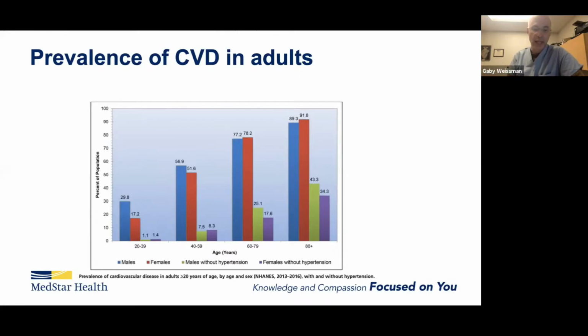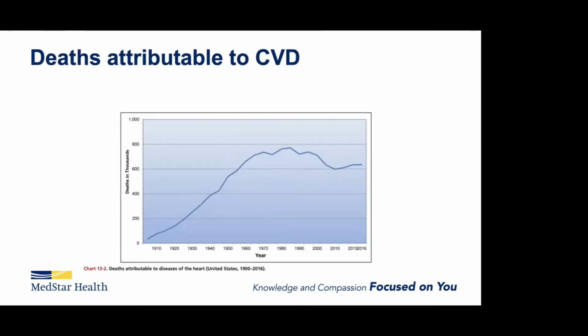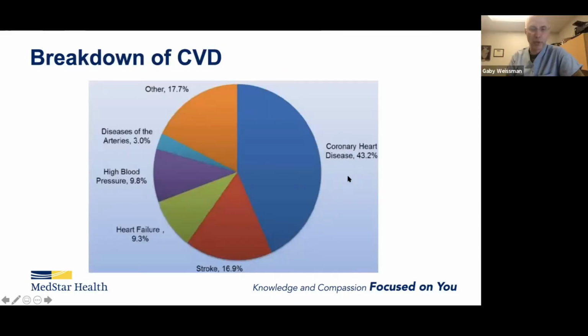So even in younger populations, it's just a common problem. It leads to a lot of deaths and morbidity. We get very excited about a lot of these other things these days. We're very interested in heart failure and advanced heart failure therapies, and I know you had a very nice lecture about that very recently.